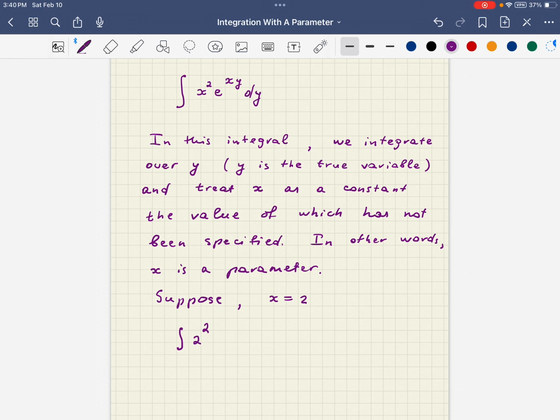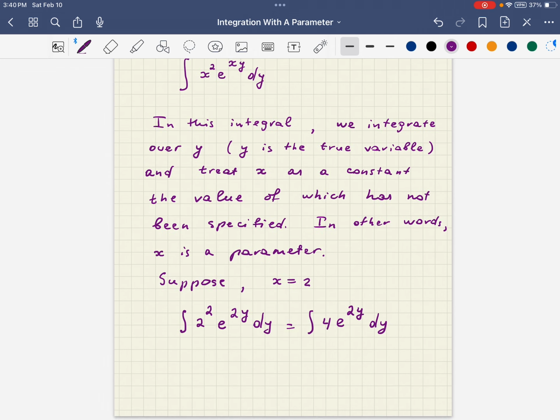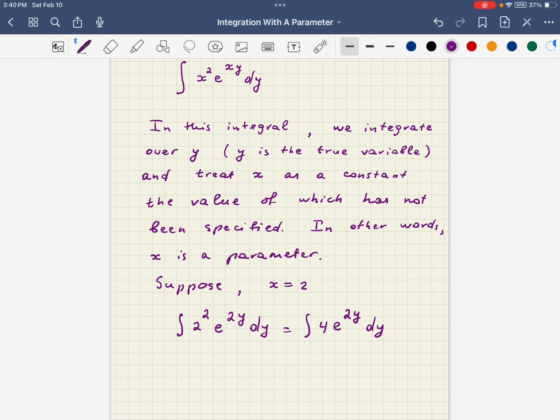So integral of 2 squared times e to the power 2y dy. In other words, this is the integral of 4 e to the power 2y dy. And then we can proceed to compute this integral in the usual way.